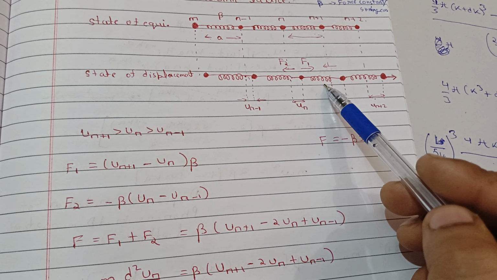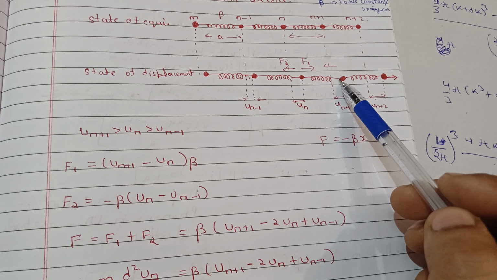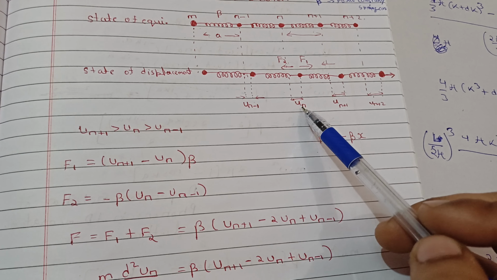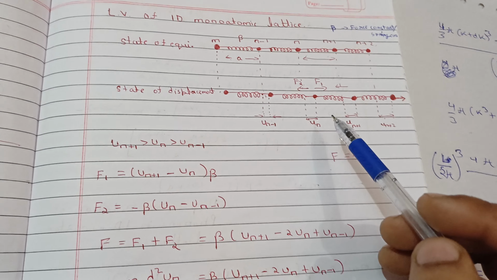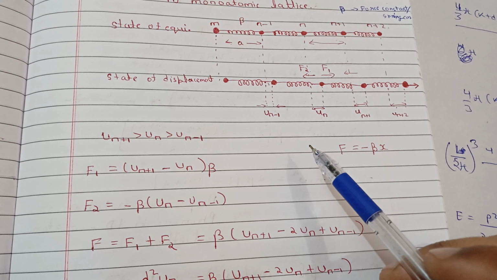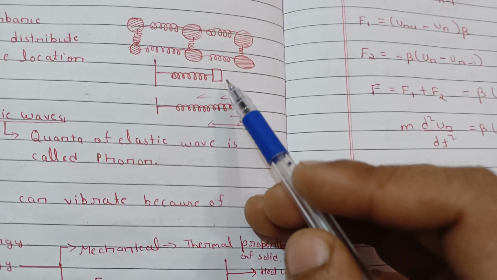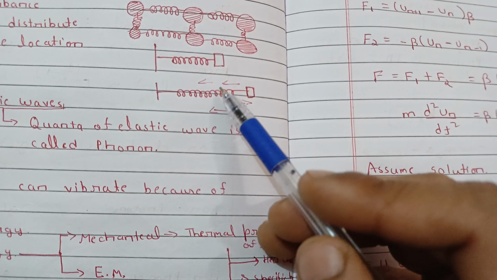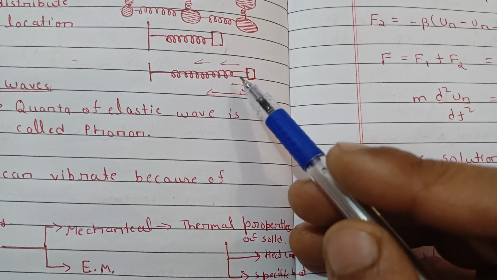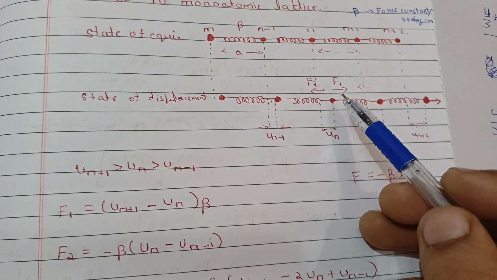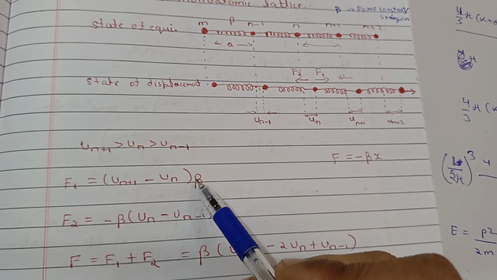The displacement is also in this direction, and it is u(n+1) minus u(n). For a spring, we studied F equal to minus kx, because the restoring force is opposite to the displacement. But here the restoring force and displacement are in the same direction, so the force will be this displacement times beta.